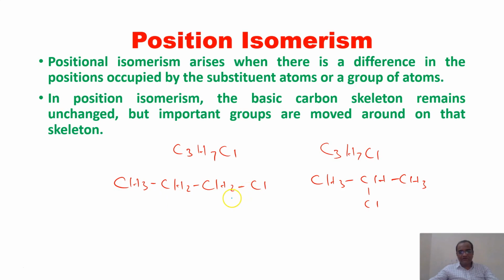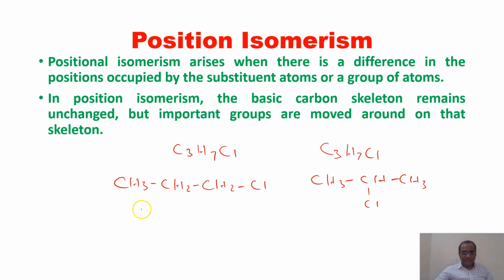It does not refer to the carbon chain. It refers only to a difference in the position of a functional group. So here the functional group is a halide, that is chlorine, and there is only a difference in the position of the functional group. There will be no change in the carbon skeleton. So you can see that the carbon skeleton remains the same, only the position of the functional group changes.